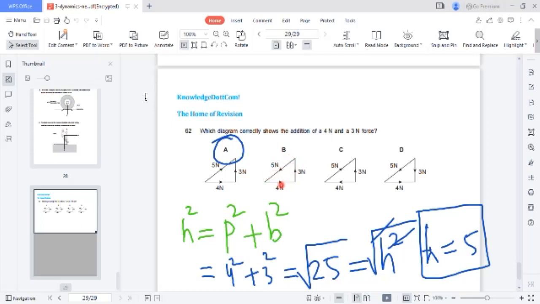So actually 4 Newton plus 3 Newton then minus 5, the resultant would be 0 Newton force, because it would actually reach its original position back. So you can see these two forces, 4 Newton and 3 Newton, are in opposite directions.